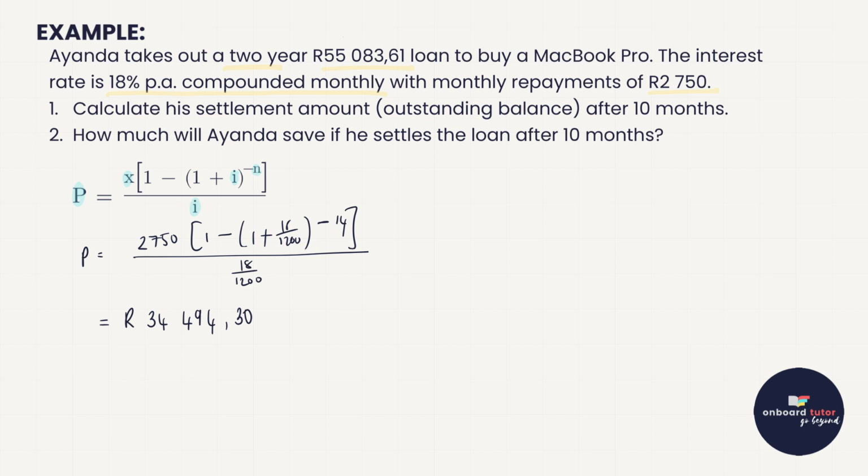We just need to first of all figure out how much contractually was Ayanda supposed to pay. Okay, so the installment there is 2,750 Rand for 24 months. So that means originally Ayanda agreed to pay 66,000 Rand back in this loan.